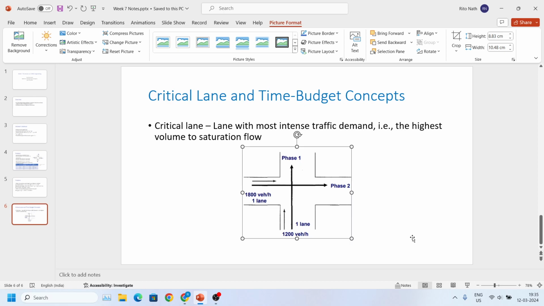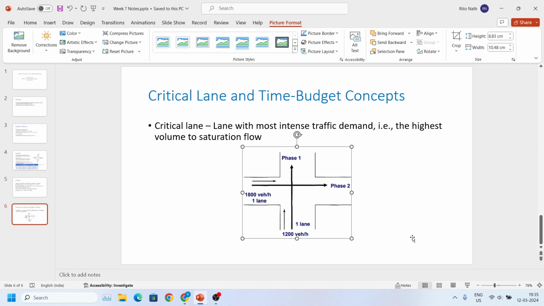This example was given in the class where you have these two phases that are denoted here, and you have one lane in both directions, and the volumes are given as well.